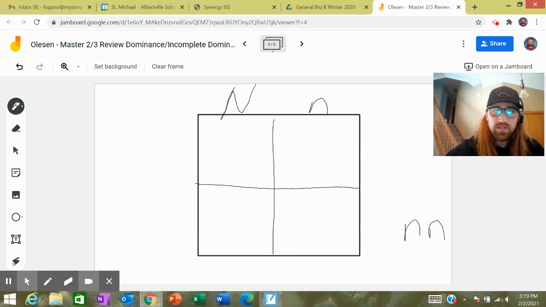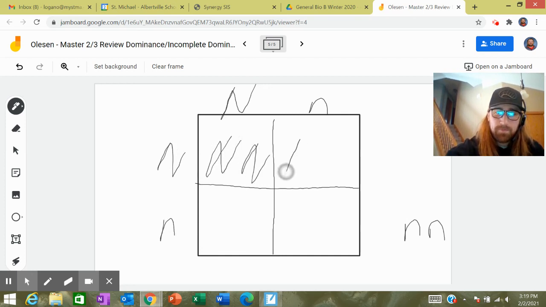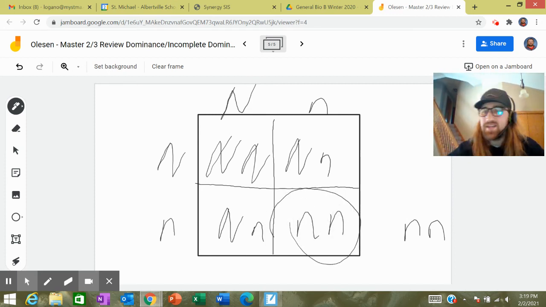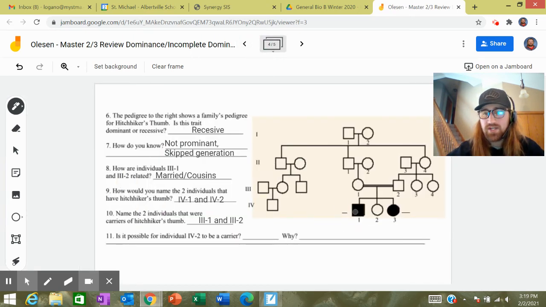So they have this, they have this, they have this, they have this. And bada bing, bada boom. That individual right there is going to have hitchhiker's thumb. In our case, two of the individuals actually got that trait. Okay?